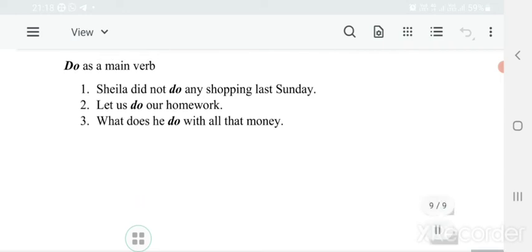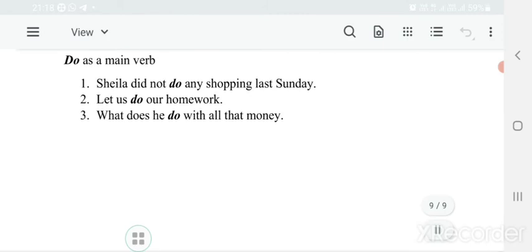For example, in the first example, Sheila did not do any shopping last day. Now, Sheila did not do. The first did is the auxiliary verb, and the next do is the main verb. So, the do written in bold letters is the main verb, and the did that was preceded by it was the auxiliary verb.